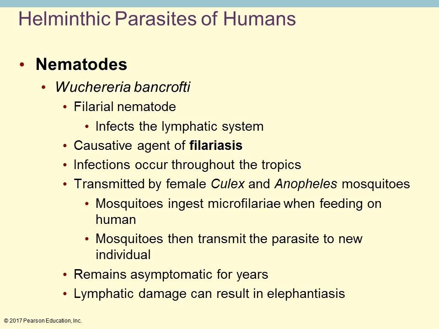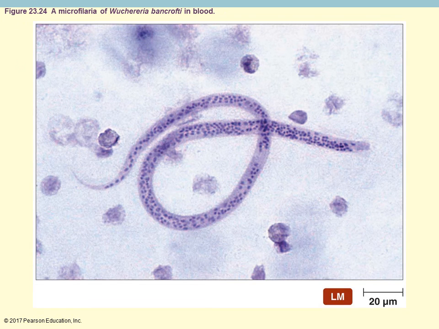And that has to be returned back to the blood circulatory system at some point, because you're trying to maintain a constant volume of blood, so you have to get that fluid back in. That's what your lymphatic system is for, as well as protection. So if you have damage to the lymphatic system, typically what you will see is swelling in different areas. You would diagnose it by finding it in blood.